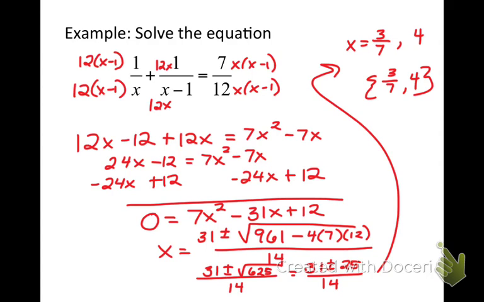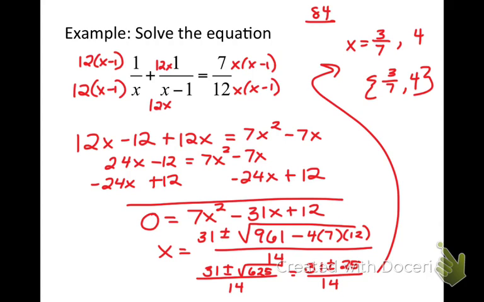What is 7 times 12? 7 times 12 is 84. What are factors of 84 that get you to 31? Nope, 84 and 4. Nope, 84 and 6. Nope, 84 and 7.